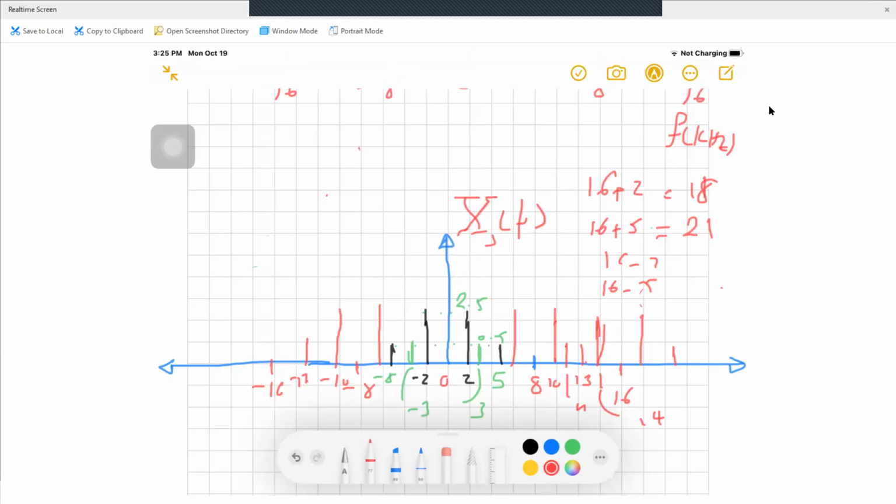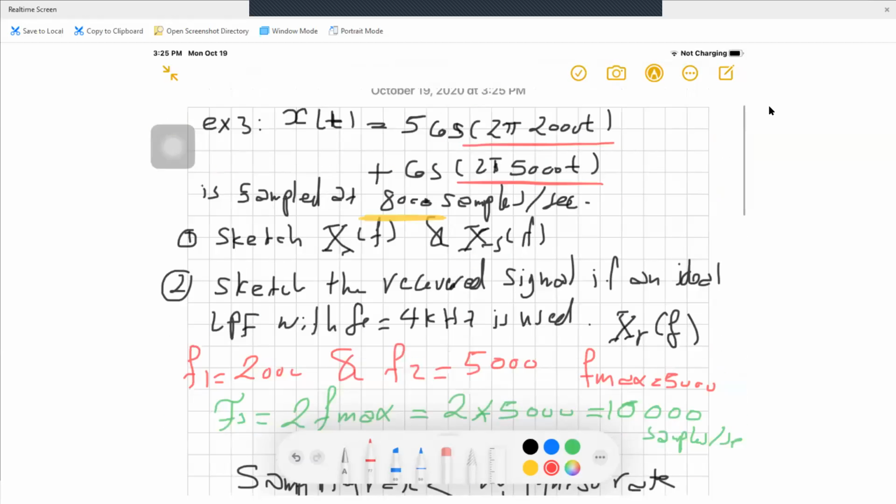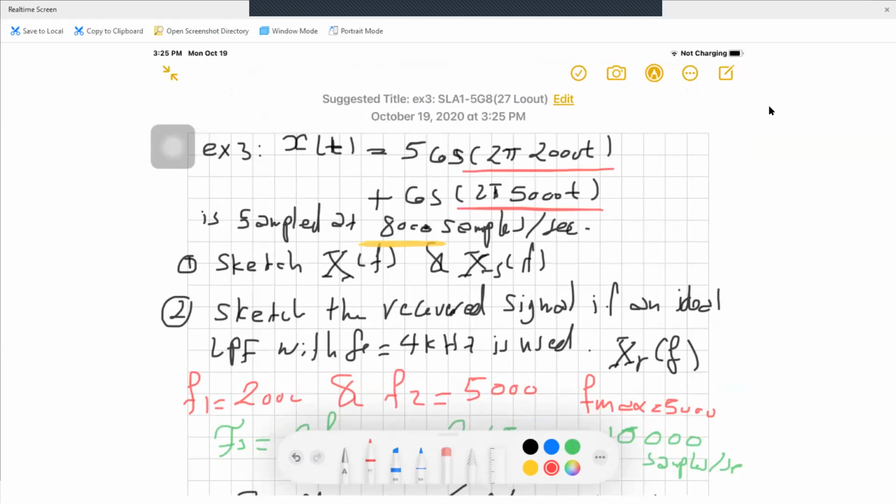Yes, here. Yeah. When we said 16 plus 2 equal 18, the amplitude will be 0.5 or 2.5? Yes. Look, please, go to the starting of the example. Here we have 5 and 1. Okay, cosine means 1.